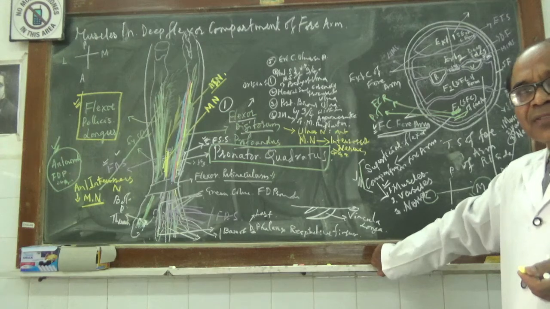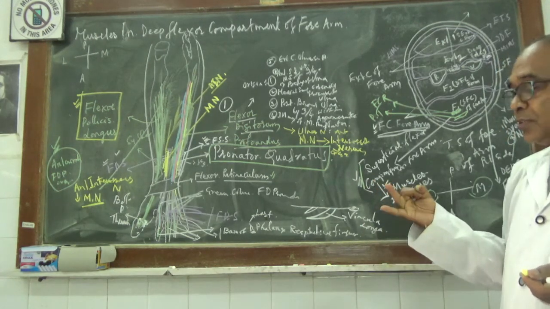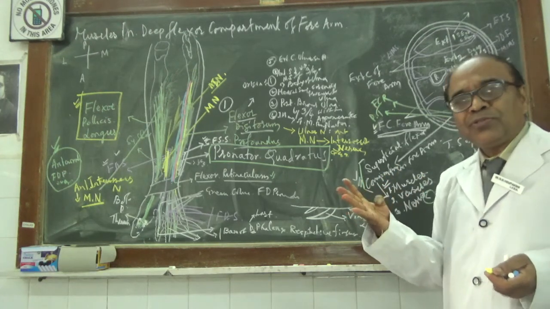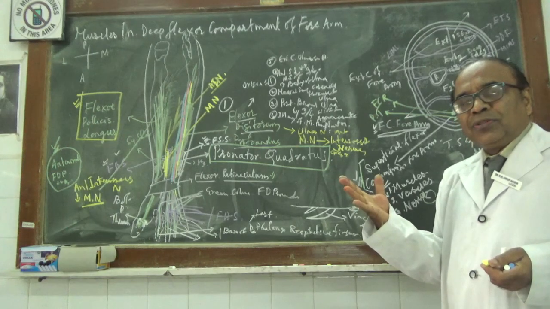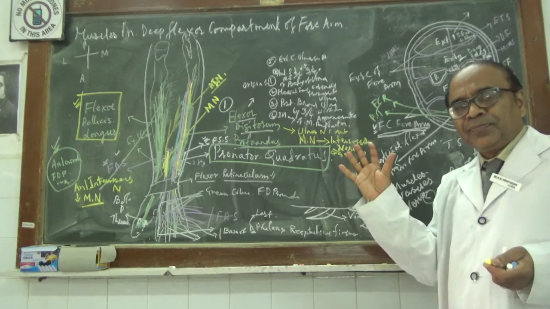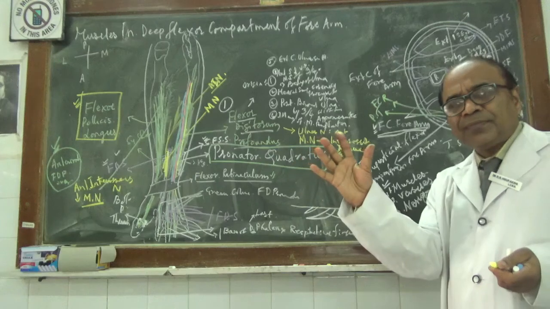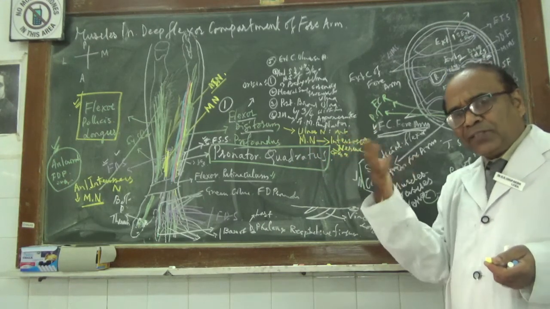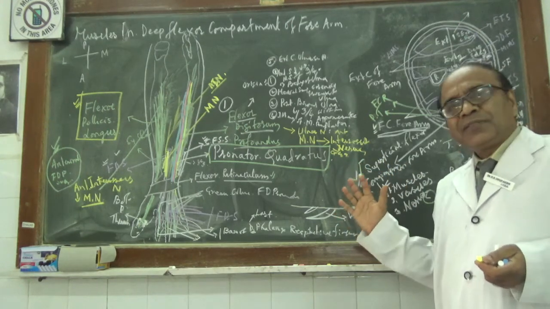With this, the nerve supply in total: pronator teres, flexor carpi radialis, palmaris longus, flexor digitorum superficialis, and the lateral part of the flexor digitorum profundus will be supplied by the median nerve in the superficial variety. But in the superficial variety, flexor carpi ulnaris is supplied by the ulnar nerve.